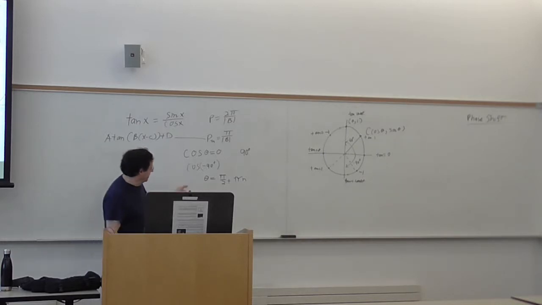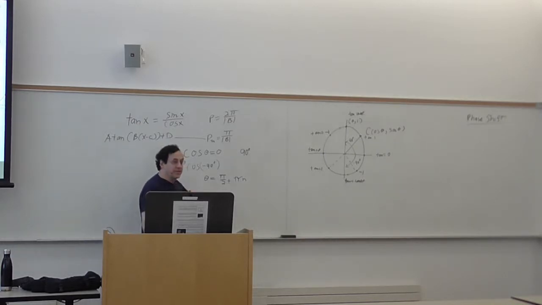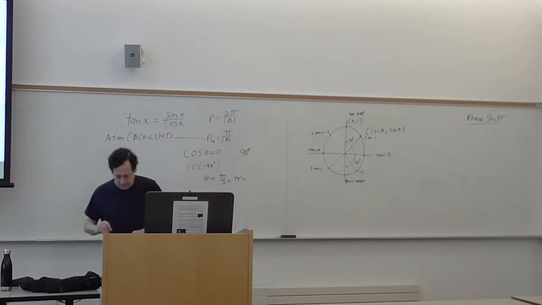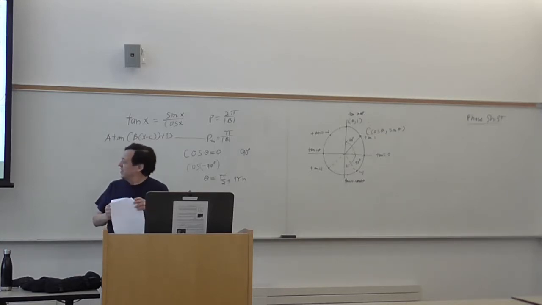Denominator is 0, where cosine is 0, right? It's the same places, right? Pi over 2 plus pi n. That's where we're going to find these. We've got periodic asymptotes here. All right, so that's the tangent function.